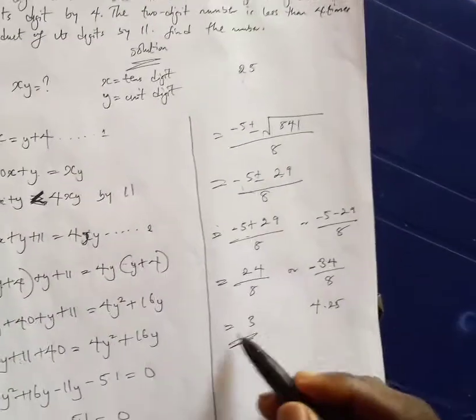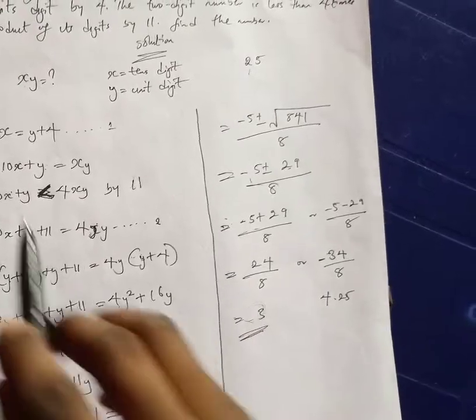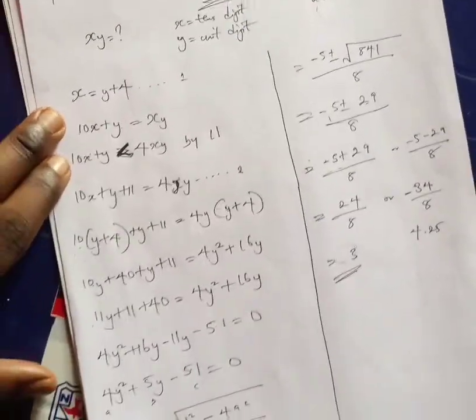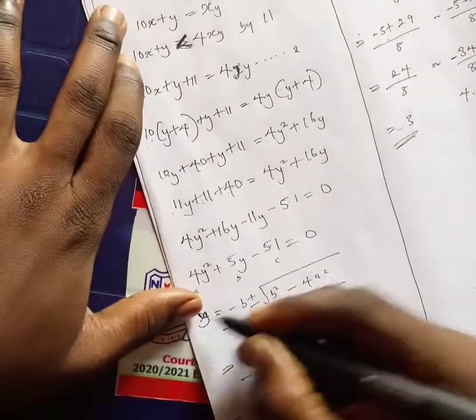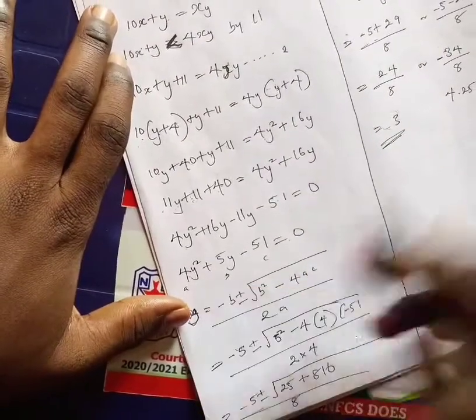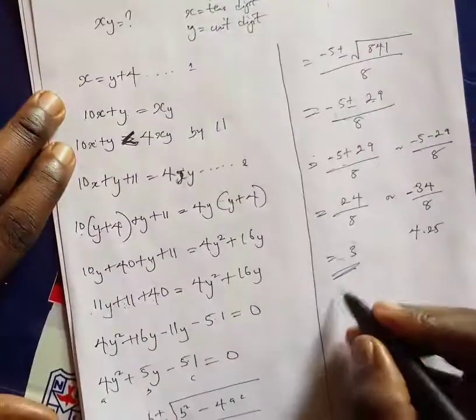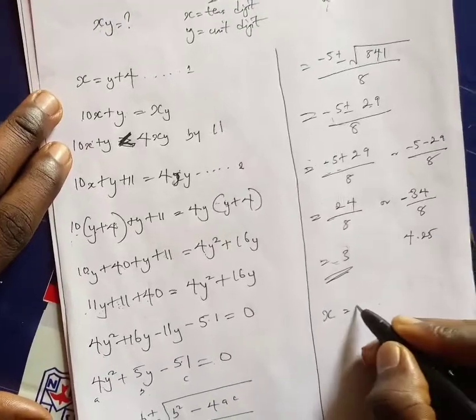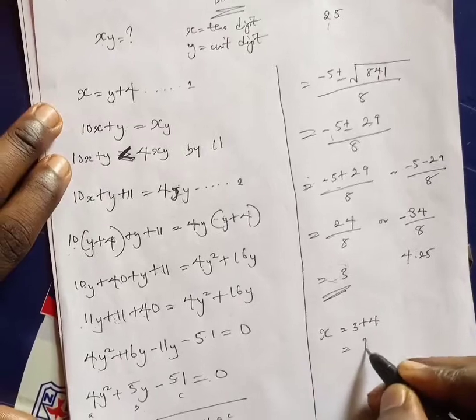If I take my value for y here, because we are solving for y, and impute it in this equation 1, I will get my value for x to be 3 plus 4, which is 7.